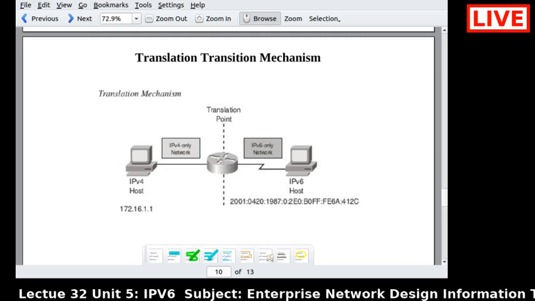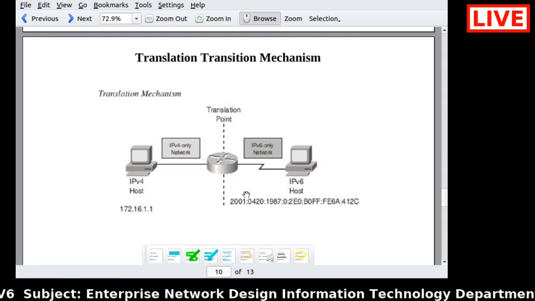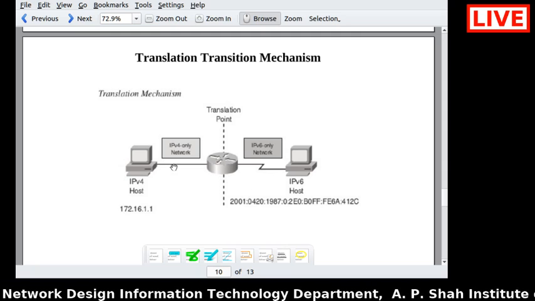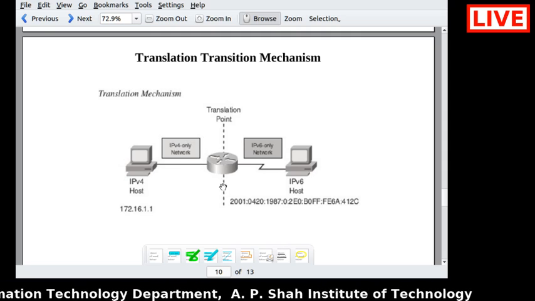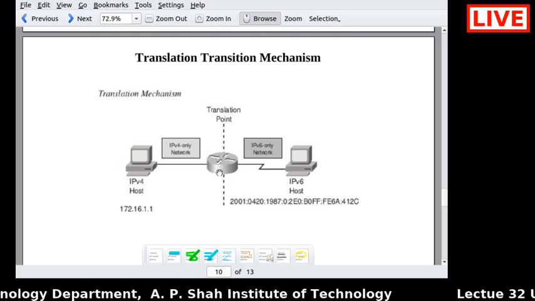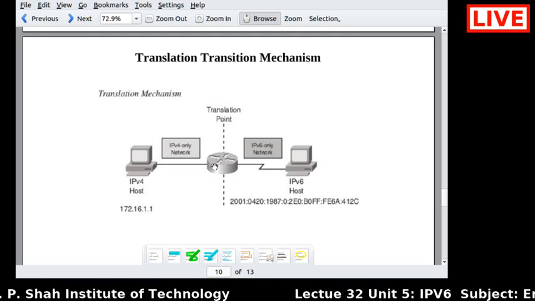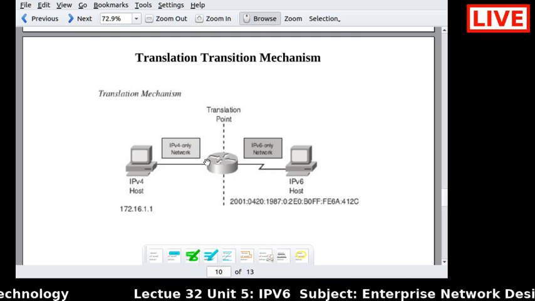At that time, using translation and extension of NAT techniques, right. Whatever NAT we have already studied, in that NAT also we have seen translation points, right. These are the points at which the translation between IPv6 to IPv4 or IPv4 to IPv6 can be carried out, right.